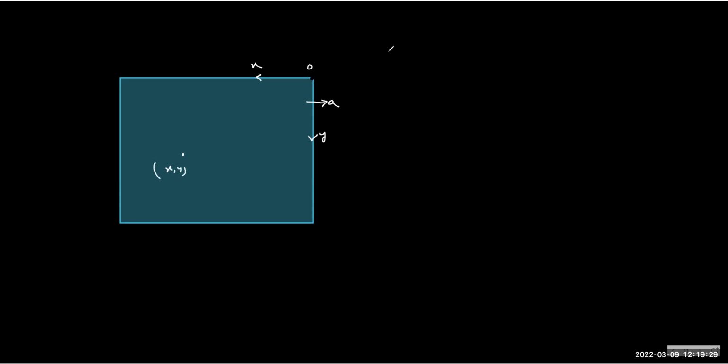Imagine this is a liquid in a container, and there is one small hole at the end so that the atmospheric pressure can enter this vessel, which is closed from all sides. Let's call this the origin. Let's call below this the y-axis and left the x-axis. And this vessel is accelerating towards right with acceleration a, and I choose a coordinate x comma y. So what is the pressure at x comma y?